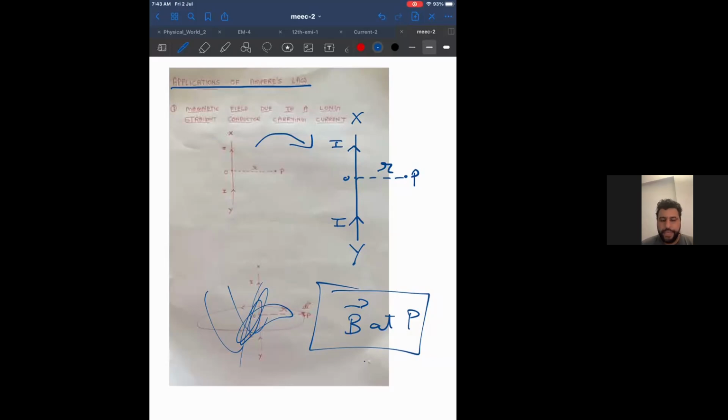Consider a point P placed at a distance r from a conductor carrying current XY, as shown in the figure.